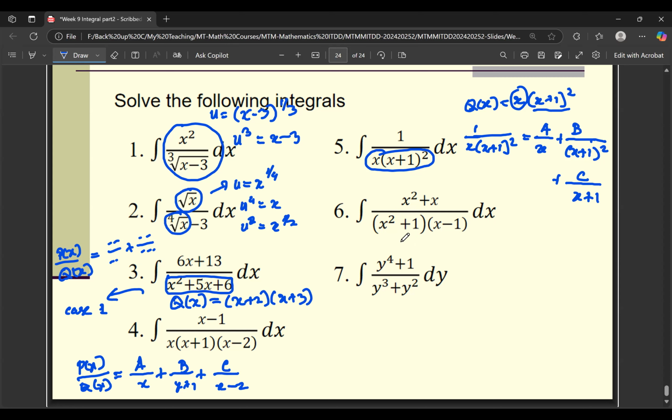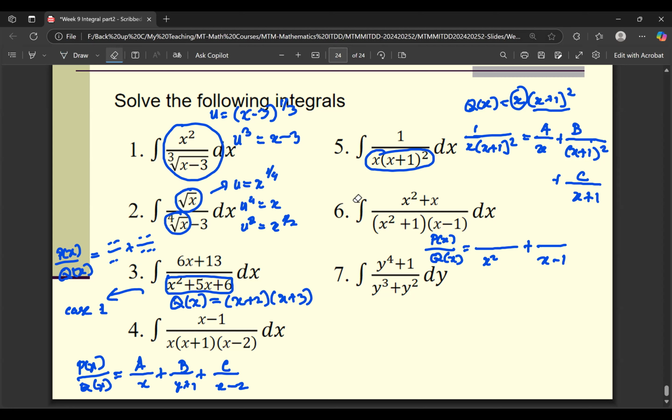And then the partial fraction of Px and Qx in this case, for number 6, we have definite quadratic factors, x squared plus x plus 1, plus the linear factor x minus 1.